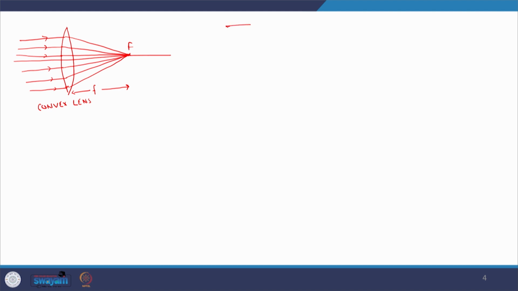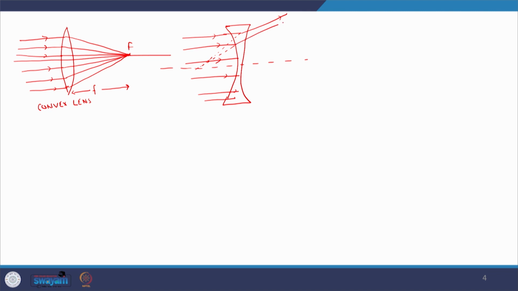Similarly, if you draw a concave lens and then launch a parallel beam of light, this lens will diverge these rays, in such a way that after refraction they seem to be coming from a point.